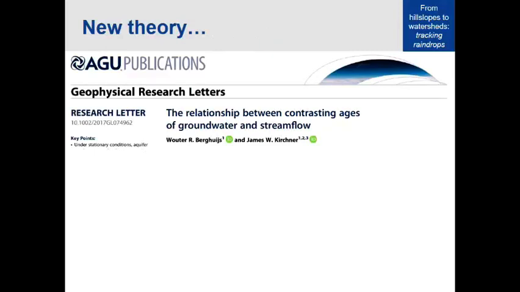Now, there's been new theory in this regard. Jim Kirchner and one of his new postdocs at ETH Zurich have had a very nice paper last year in GRL, on the relationship between contrasting ages of groundwater and stream flow.